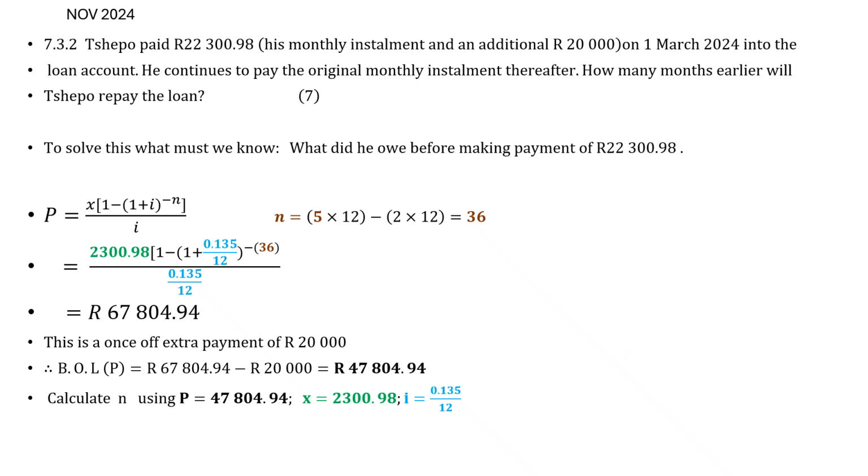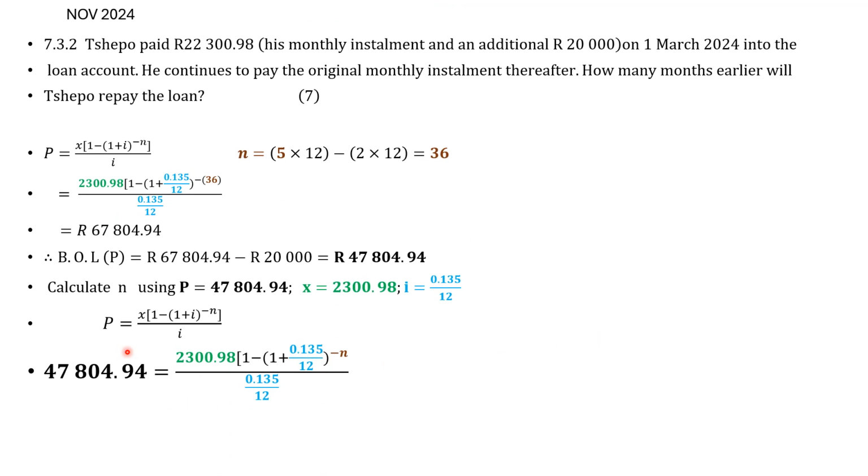If you look at the equation, P equals x times 1 minus 1 plus i to the negative n, over i. P would be 47,804.94, x is 2,398, so 1 minus 1 plus 0,135 over 12 to the negative n, over 0,135 over 12.